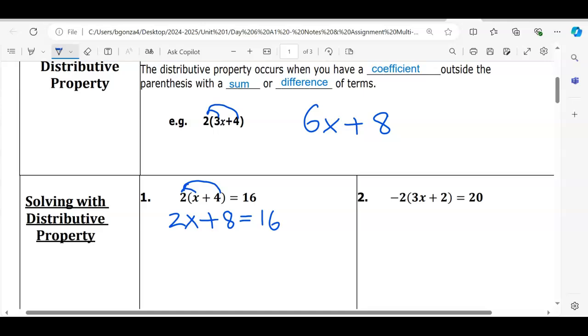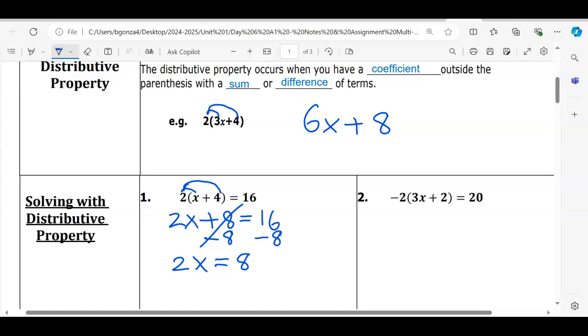Doesn't that look like our warm-up from today and our notes and assignment from Thursday? Let's solve that thing. The loner that I need to get rid of is that plus 8. So the opposite is minus 8. Minus 8. 8's cancel out. Bring down 2x equals, and 16 minus 8 is 8.